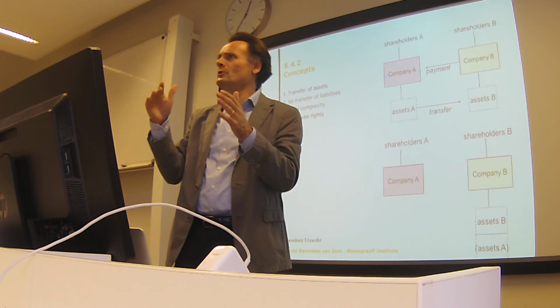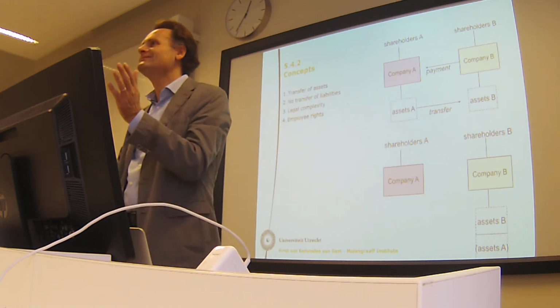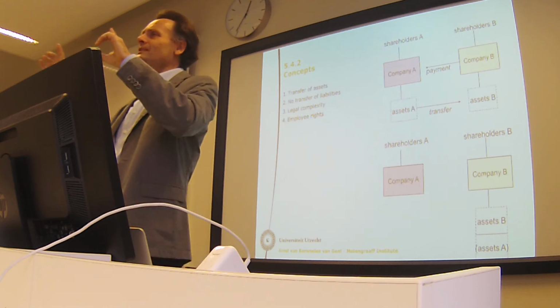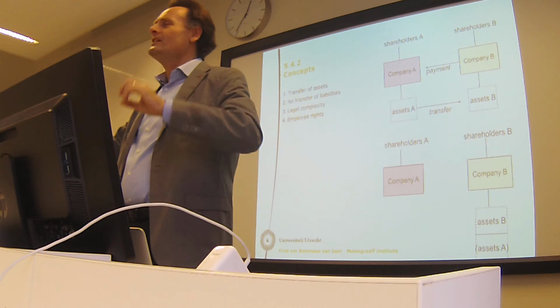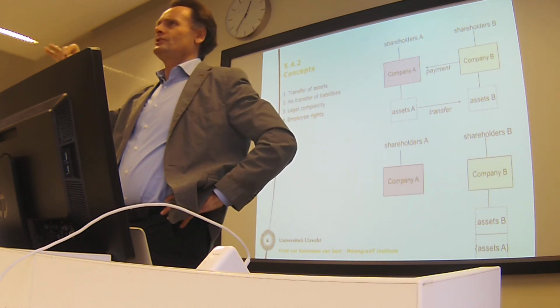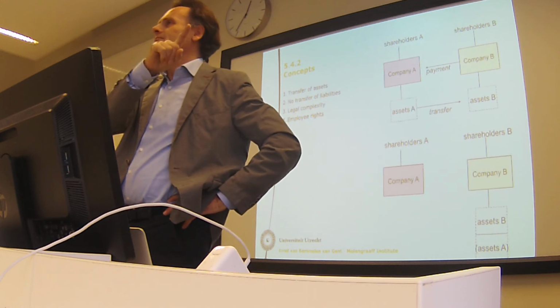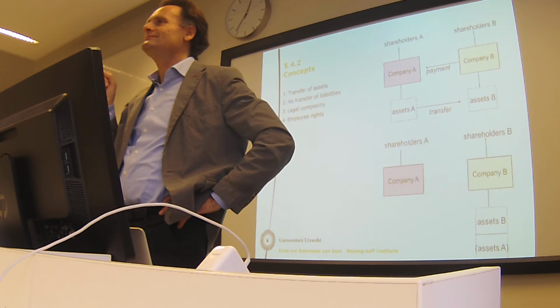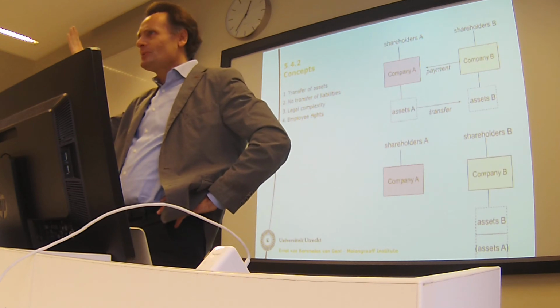Because the message is no one is doing an asset deal, roughly, unless you purchase one machine. And so, yes, companies purchase stuff from each other. So one exam question could be, Shell purchases, or the University of Utrecht purchases one car. Is that an asset deal? And that's, academically speaking, a complicated question.